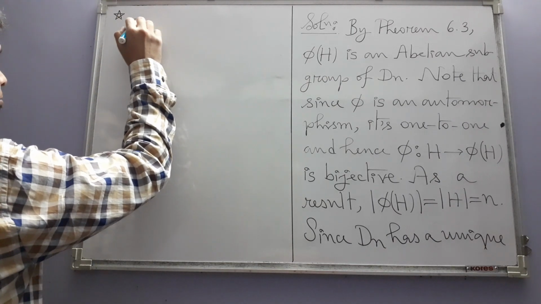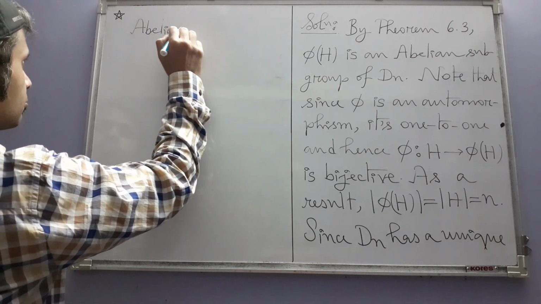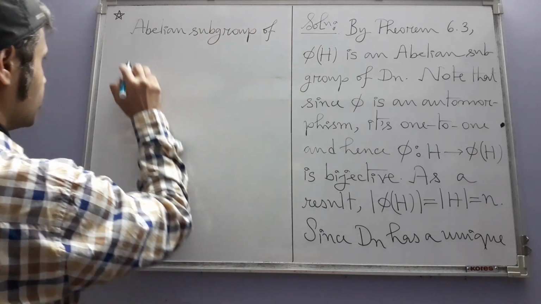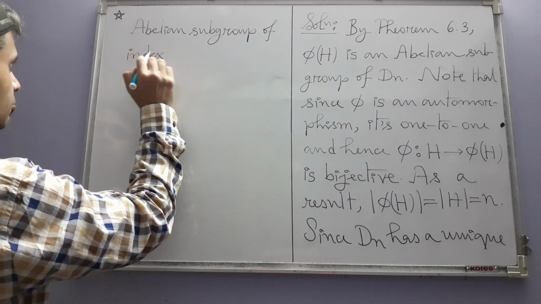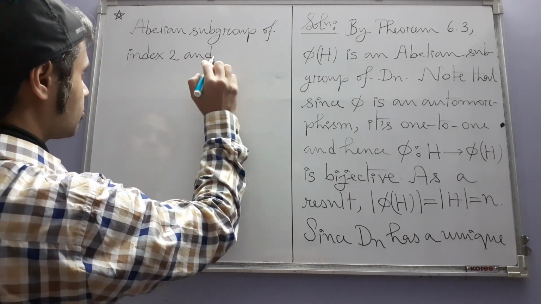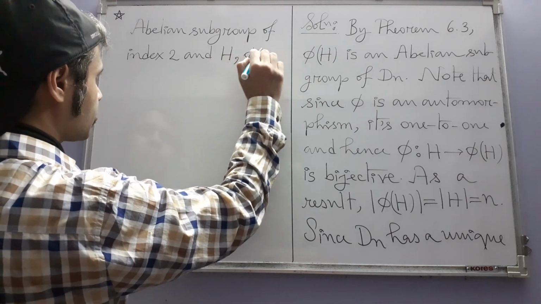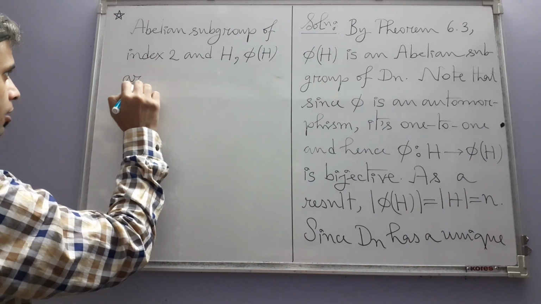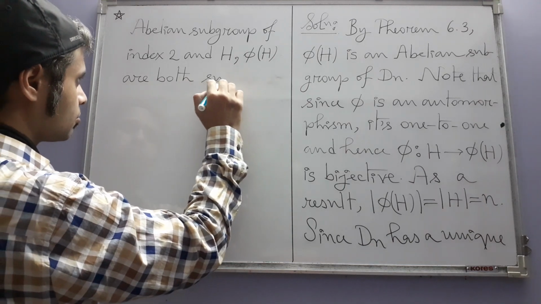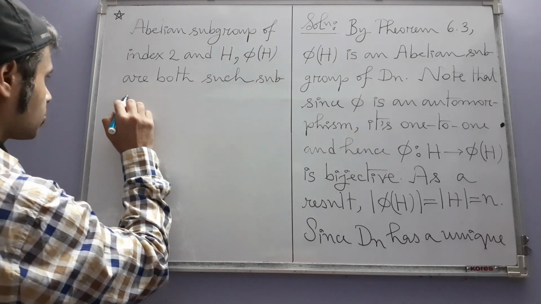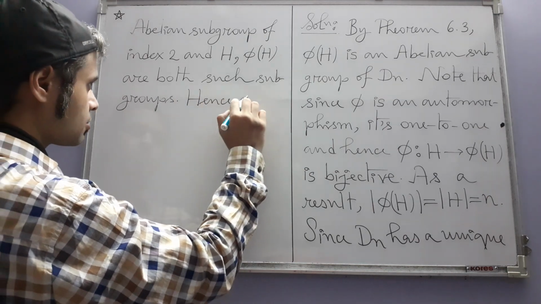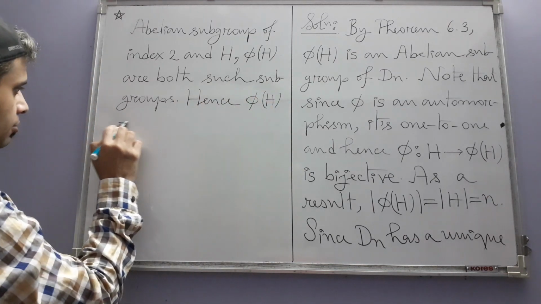And H and phi of H are both such subgroups. Hence, phi of H is equal to H.